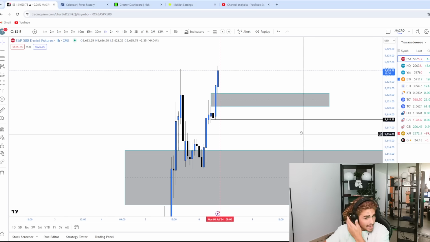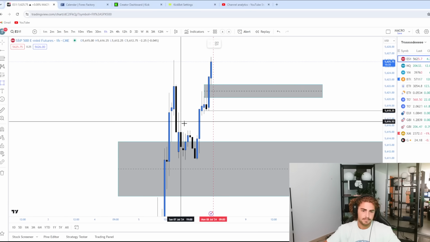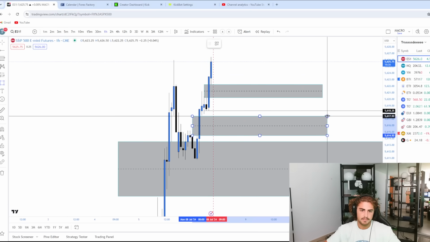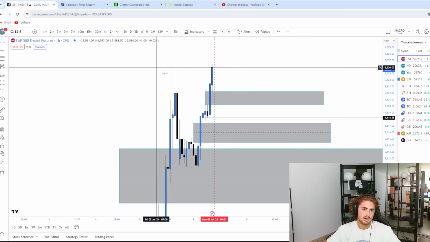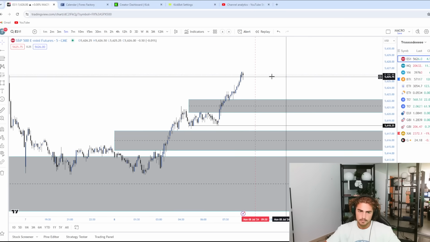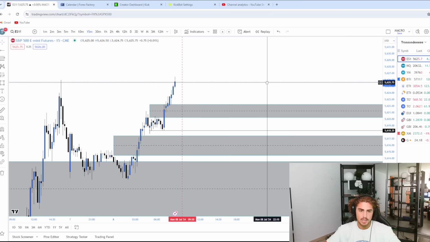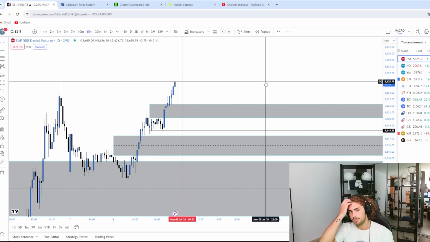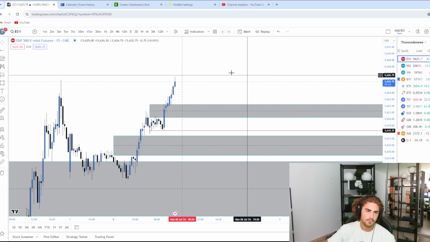And then on top of that, we could go even further to come down into this hourly draw on liquidity right here off of this profit taking. So those are my 3 highly executionable price ranges that I would be looking for today.